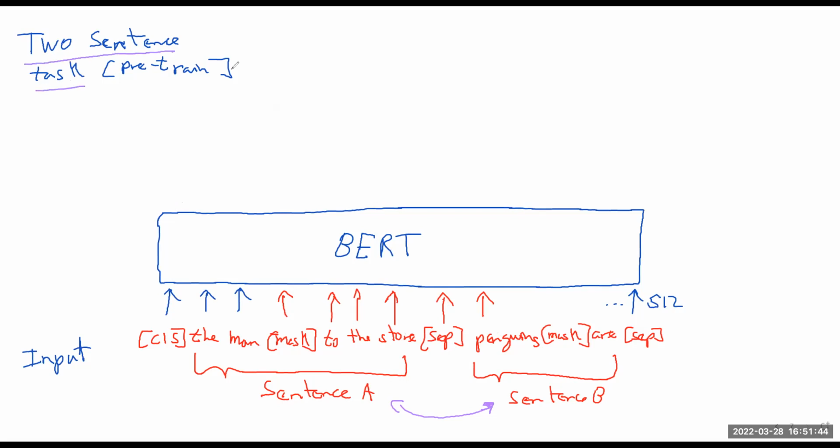We're going to go back to the architecture as we know it. In this task, the objective is not just to predict the mask like it was in the previous one.